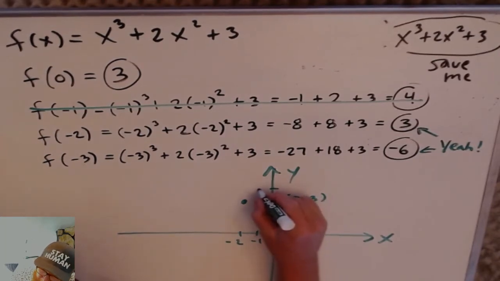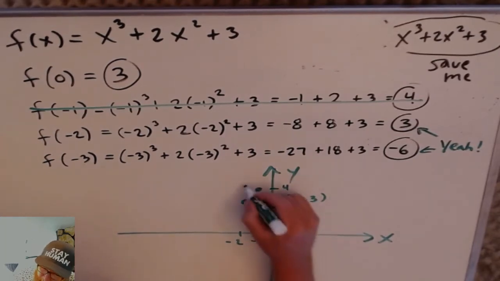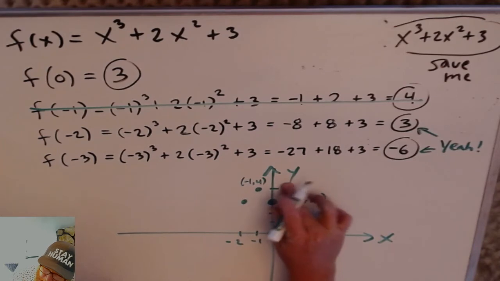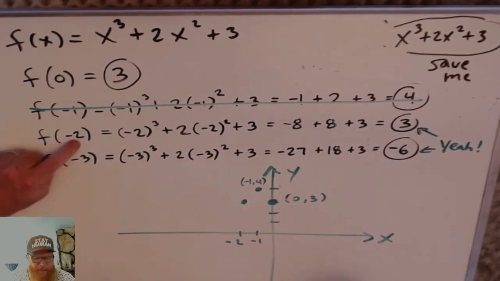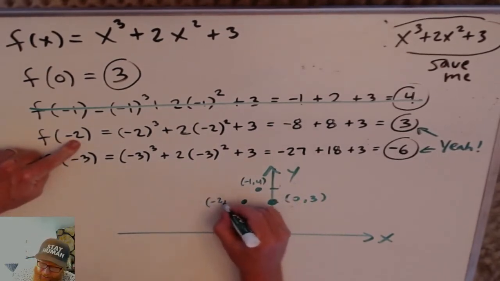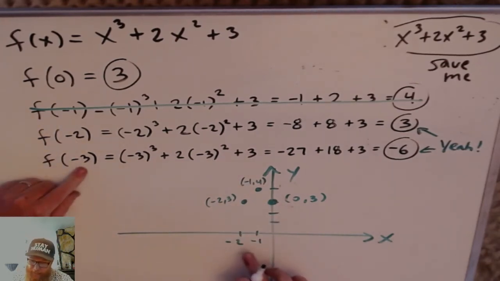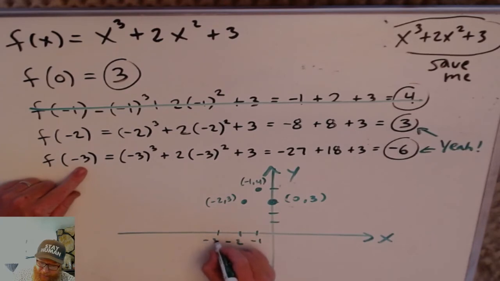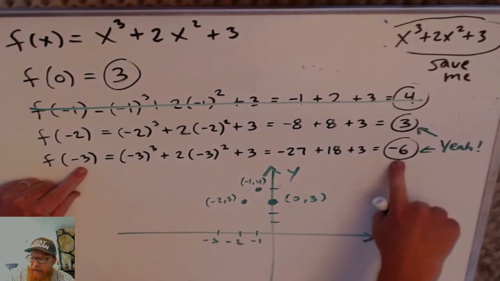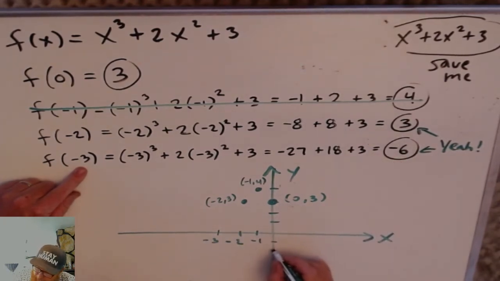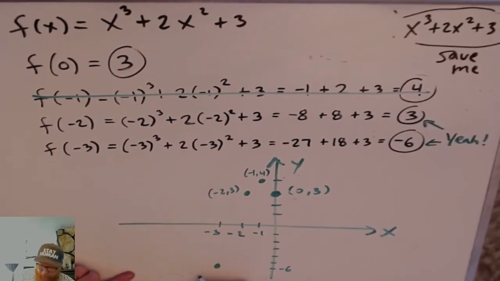I think it adds a nice touch to it. I've got negative 2 and 3 right there. And then look what happens. By the time you get to negative 3, this graph is all the way down here at negative 6. That's negative 3, negative 6.